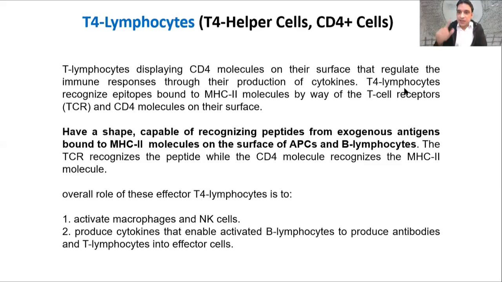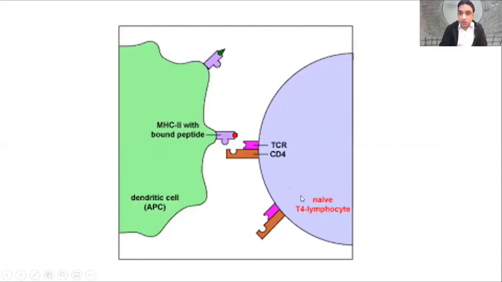Every T cell is carrying a receptor. So this is the T cell, a naive T4 lymphocyte, remember. Every T cell carries a receptor called TCR, or T cell receptor. This is not everything. It is also supported by another receptor called CD4.